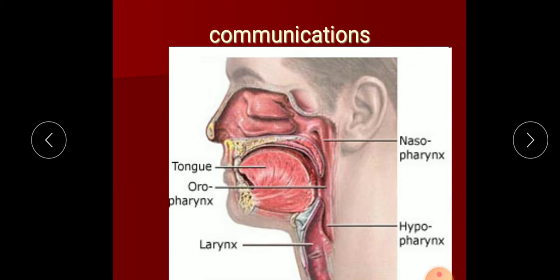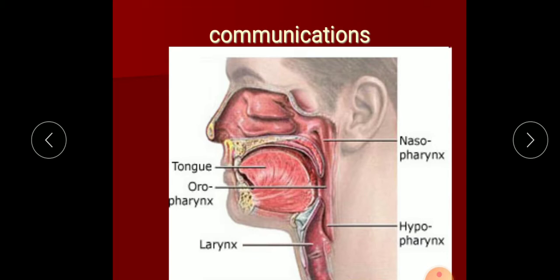The nasopharynx communicates down with the oropharynx through this region, which is termed the nasopharyngeal isthmus.